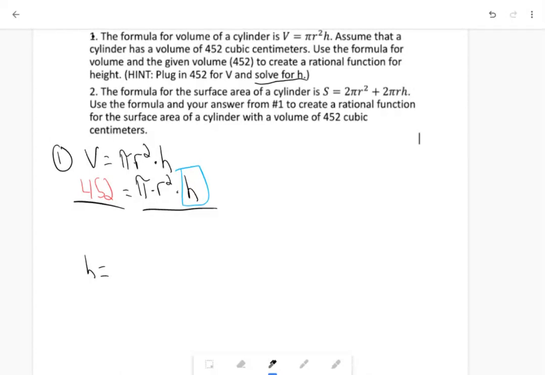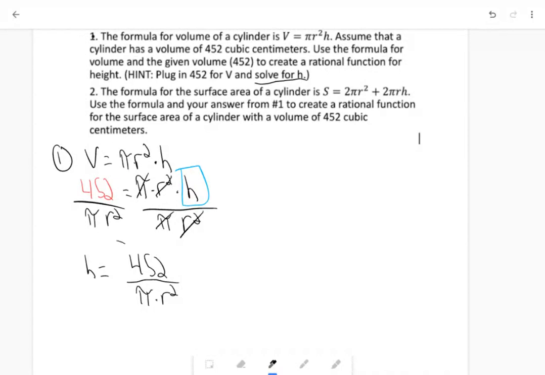I have to divide both sides by pi, and then the pi's cancel. But I also need to divide both sides by r squared, and that goes away, leaving me with just h. So if I put that together, I end up with h equals 452 divided by pi times r squared.